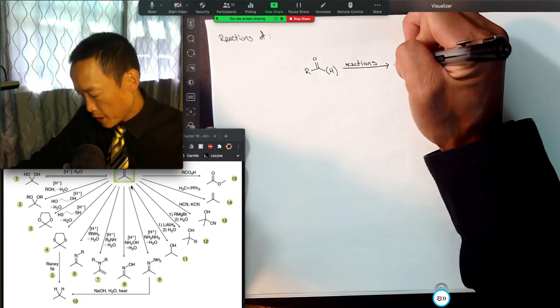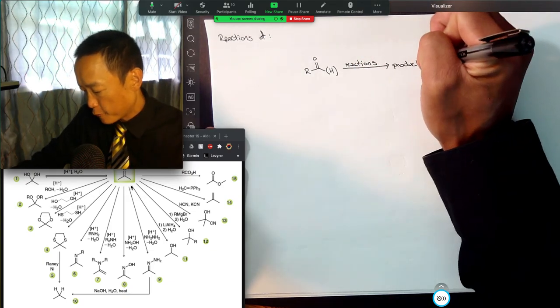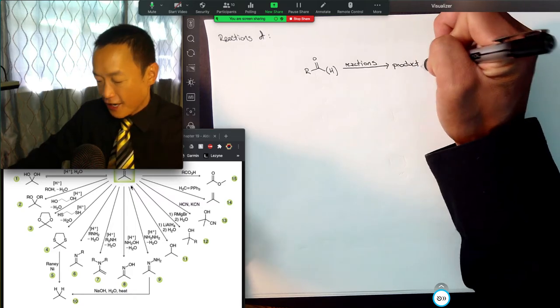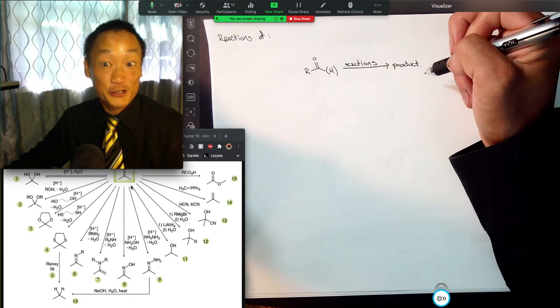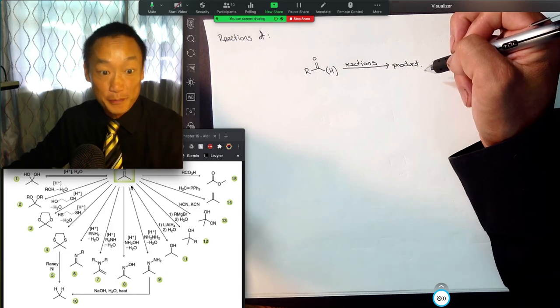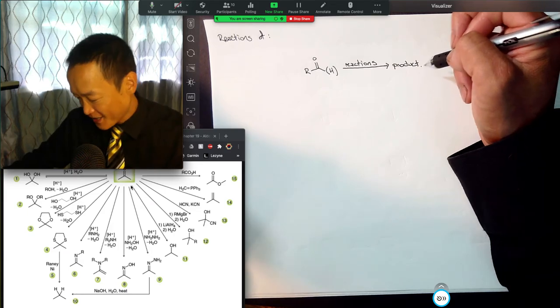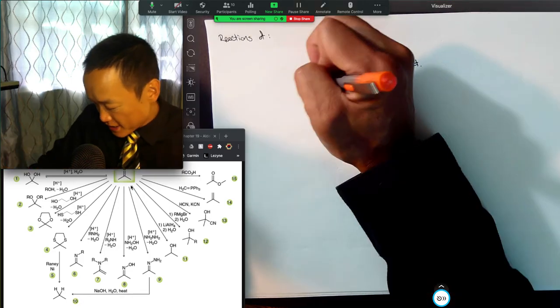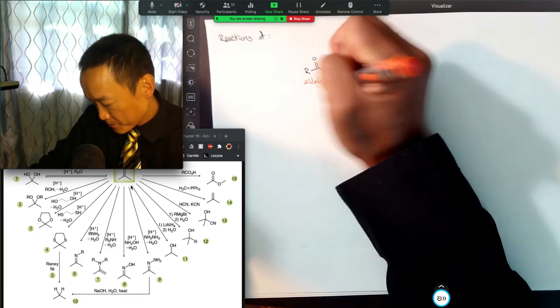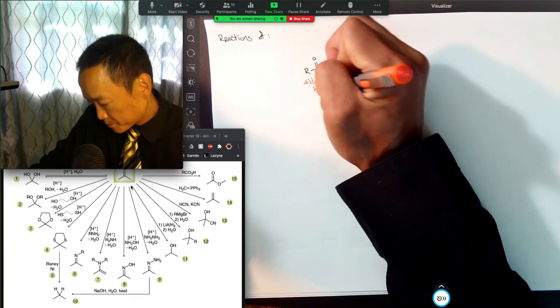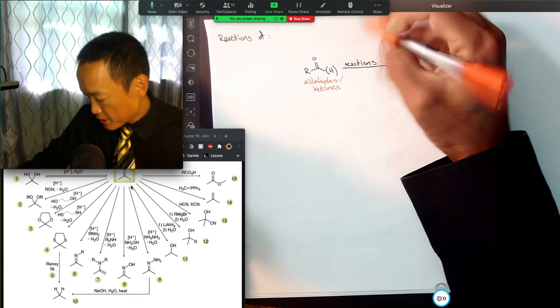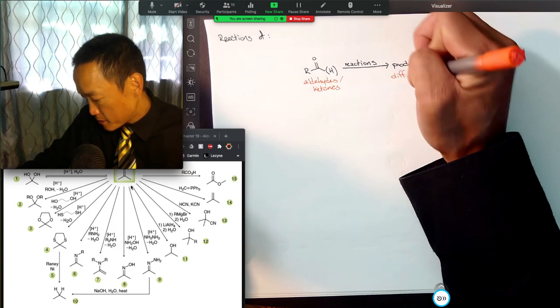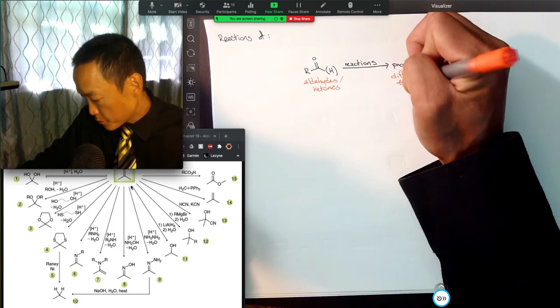And then they're going to make a bunch of products. So you're really getting your money's worth in the last 15 seconds there. Aldehydes and ketones will undergo reactions and they'll make some products. So nothing fascinating there. But what I want to say is that we can take these aldehydes and ketones and we can make a bunch of different functional groups.